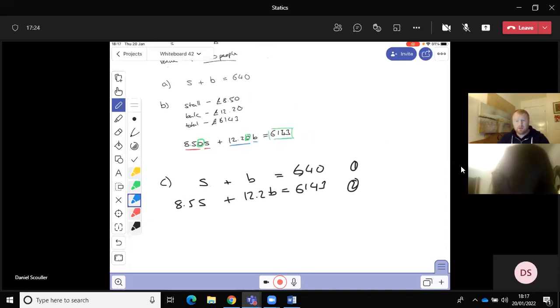To cancel out that second term, we need the number in front to be the same on both lines. So for the number in front of the B in equation 1 to be the same as in equation 2, we need to multiply that whole line by 12.2.